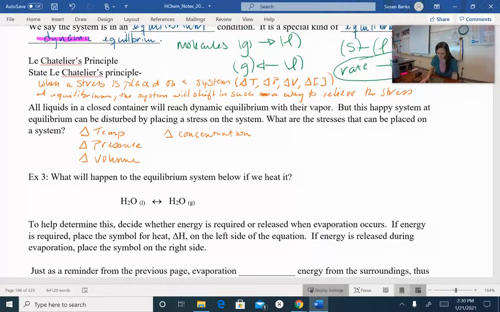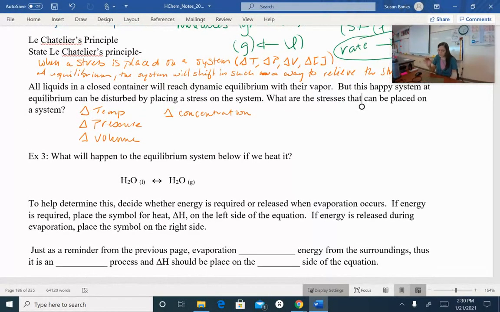So let's think about this. We're going to use heat as a stress. We're going to change the temperature, right? So what happens if I take liquid water and I heat it? We're going to actually use heat or energy as a product or a reactant.